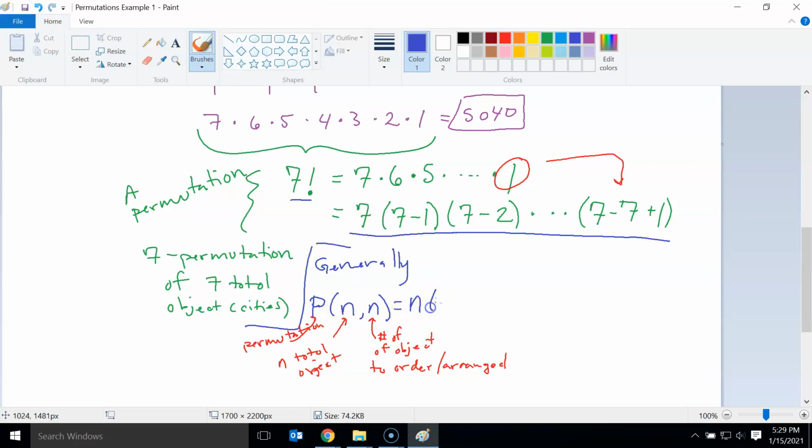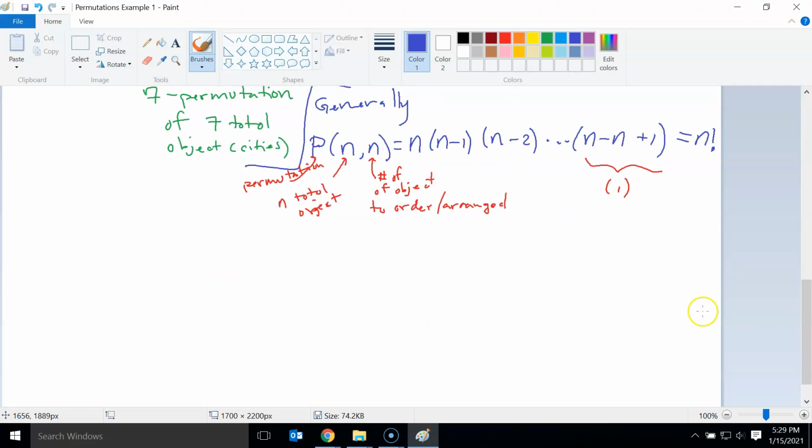We're trying to generalize this, times n minus 1, times n minus 2, all the way down until we have n minus n plus 1, which of course is just 1. And this turns out, as we saw above, to just be n factorial.